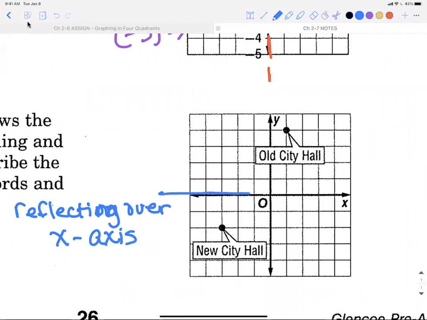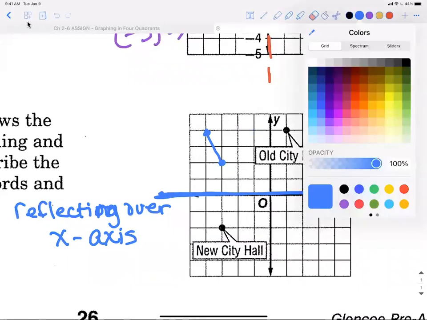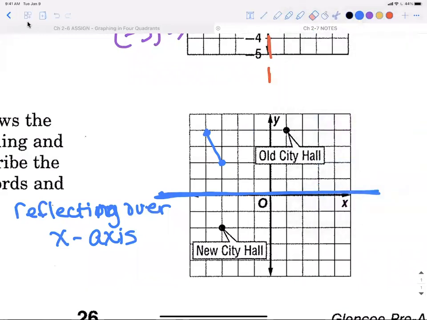This is our X-axis, okay? And if we have an image, I'll do a triangle so it'll be quick. If I have this triangle right here, and I want to reflect it over the X-axis, now what's going to stay the same?